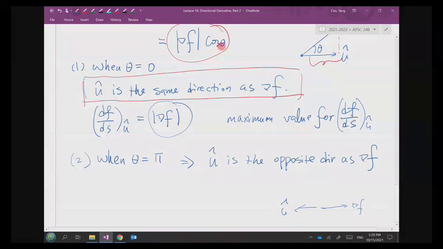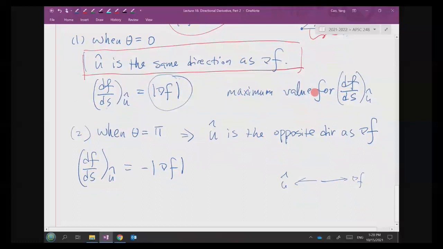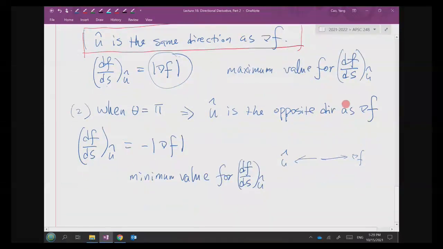Then you substitute pi into the cosine theta, and you get df over ds in the u hat direction equal to negative the magnitude, right? And this is the minimum value for df over ds. So if you want the minimum value, you have to go in the opposite direction from your gradient vector.